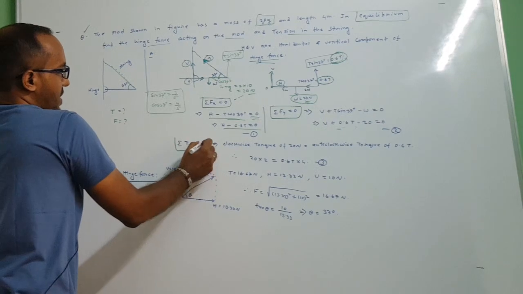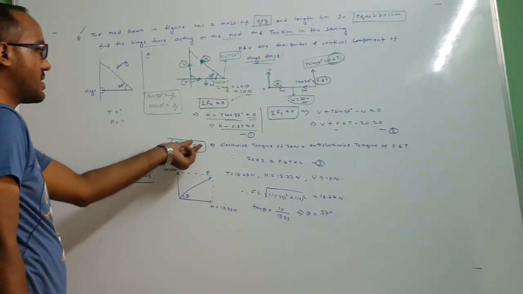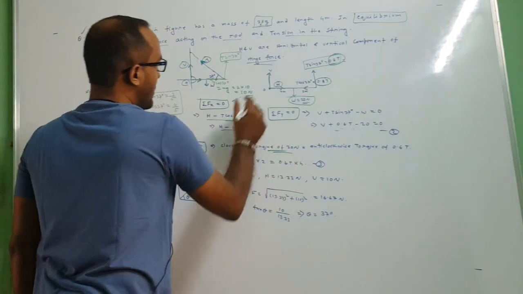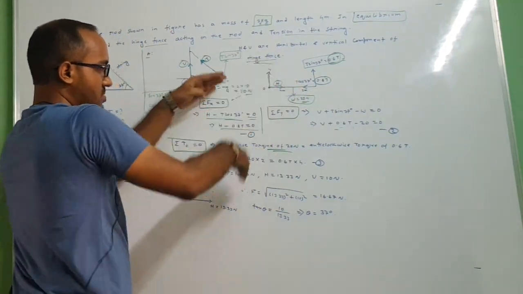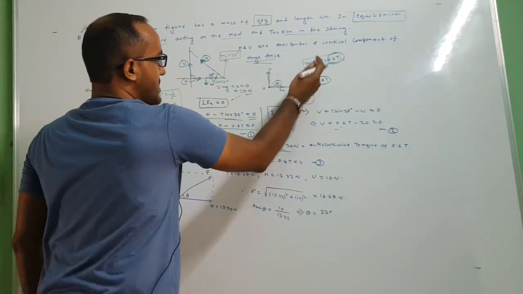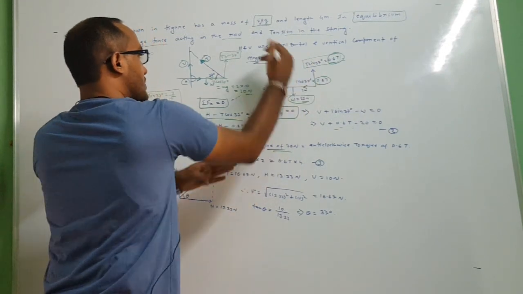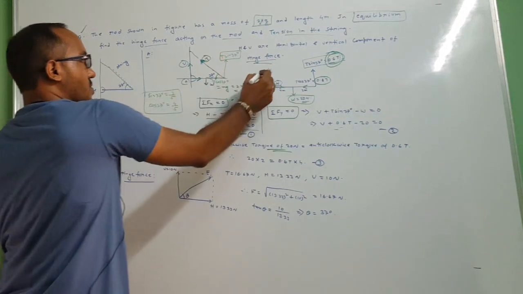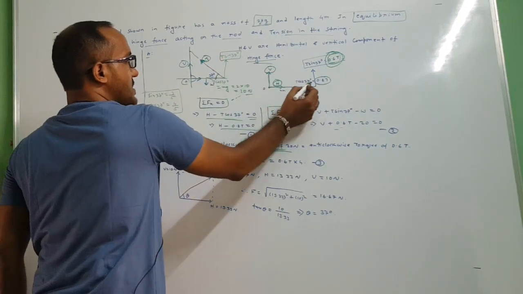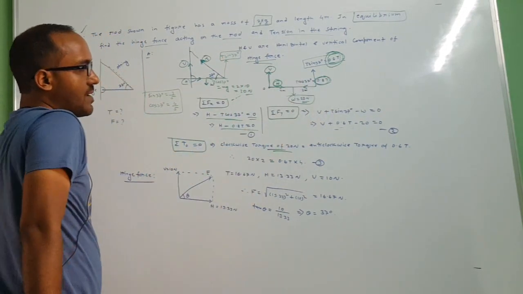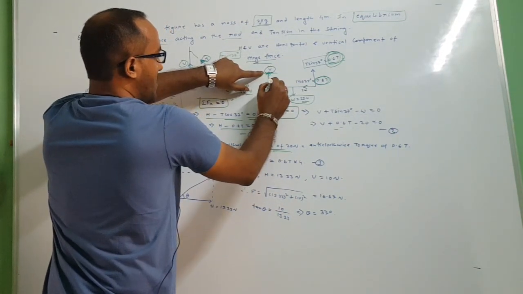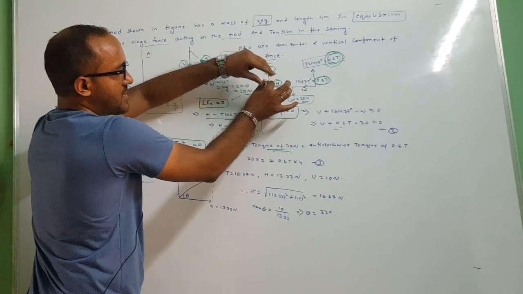And summation of moments, torque equals to 0. So here in this case, the clockwise torque given by this 20 Newton is balancing the anti-clockwise moment given by this 0.6 T. We don't have to take V, H and 0.8 T, because V is passing through the point of axis, right?